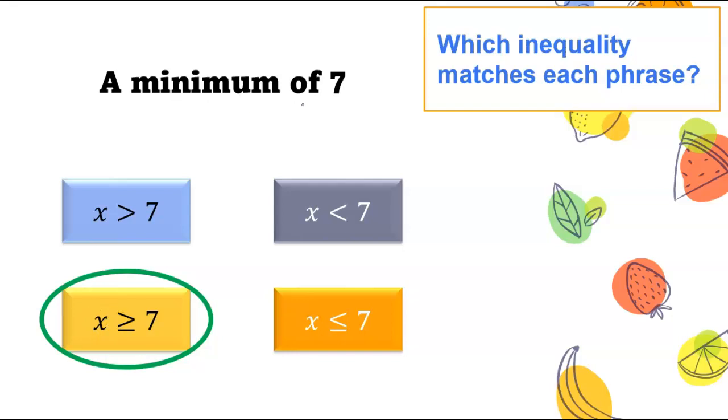And when we say a minimum of 7, we ask, do we include 7? Well, one way we can figure this out is we can say 7 is a minimum of 7. And does that make sense? 7 is a minimum of 7. Yeah, sure. That works. So we do include it. We do have that equal sign.